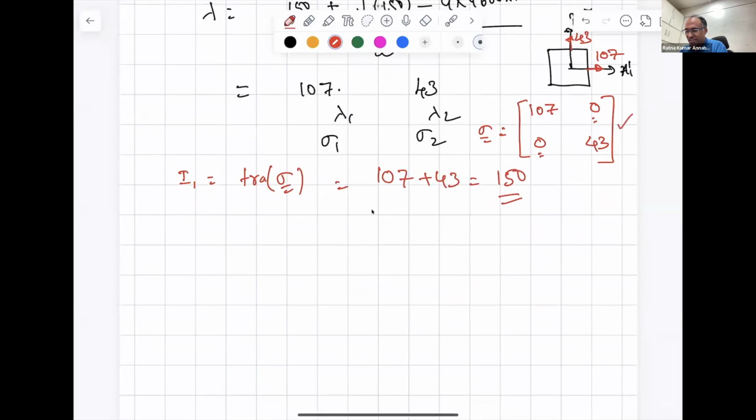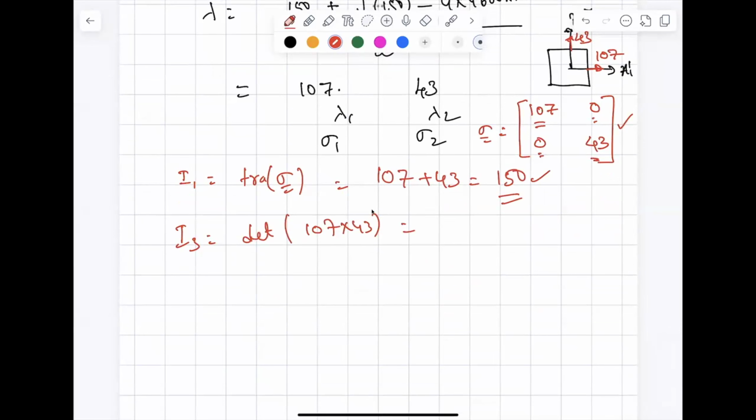Although you write the stress tensor in this frame of reference with the principal stresses, that remained the same. Now the determinant, I3. Let us see. What is the determinant? 107 into 43, how much? 4601.